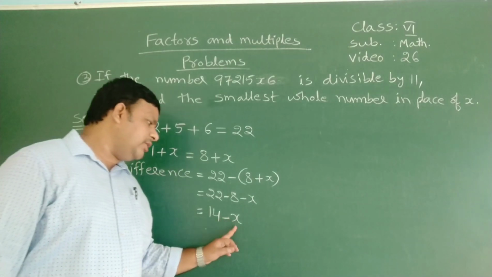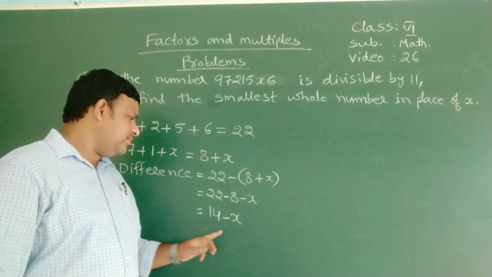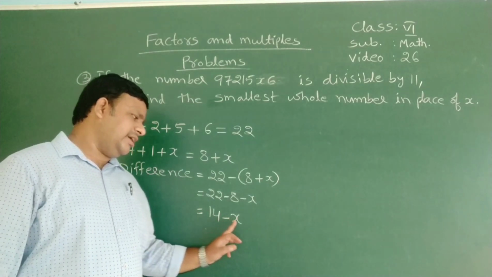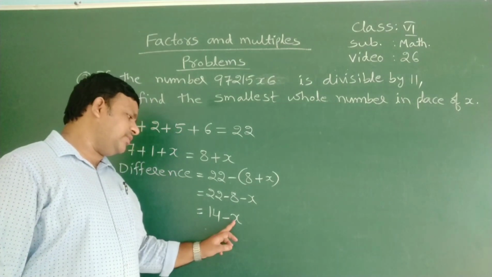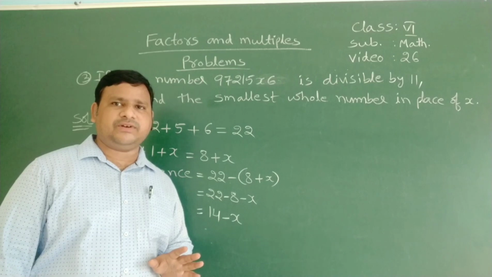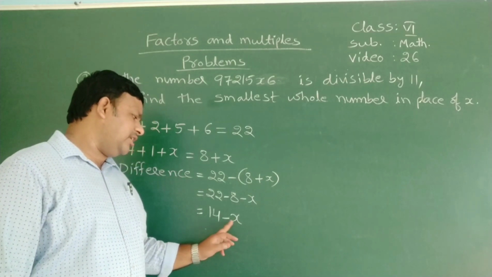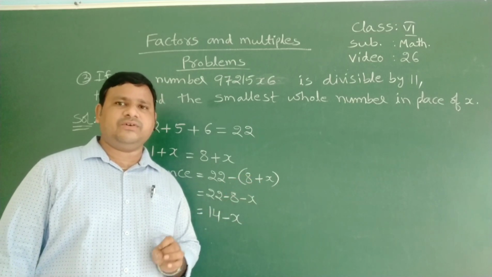If you put 0, 14 comes. 14 is not a multiple of 11. 1 if you keep, 14 minus 1, 13. 13 is not a multiple of 11. 2 if you keep, 14 minus 2, 12. 12 also not a multiple of 11. Next 3 if you keep, 14 minus 3, 11. 11 is a multiple of 11.